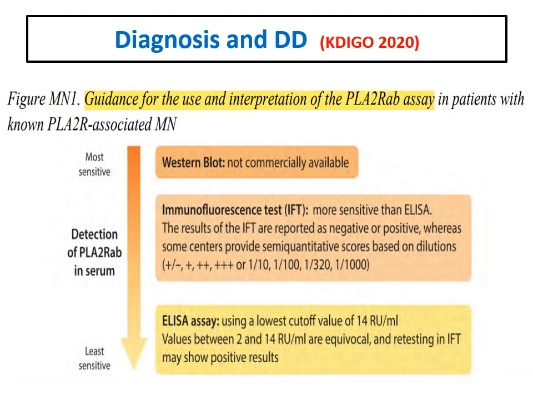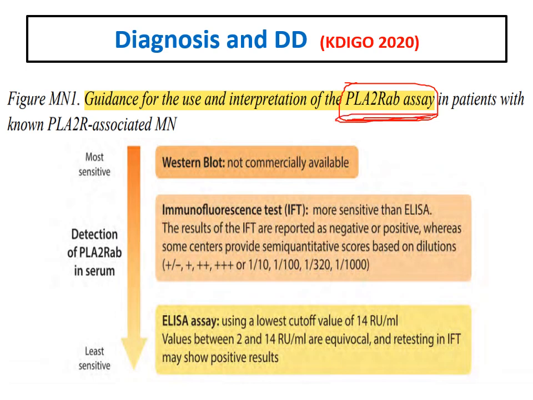Now we will talk about the phospholipase A2 receptor antibody assay. It has now become one of our essential tests in our management of membranous, so we should have some details about the assay.